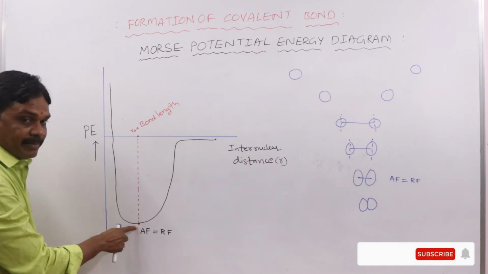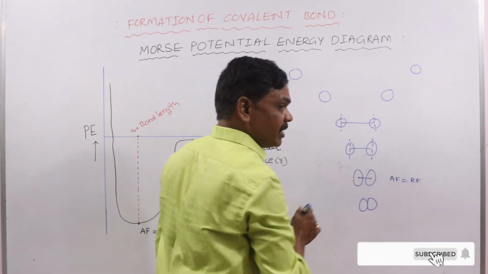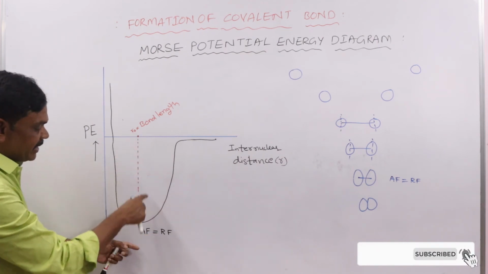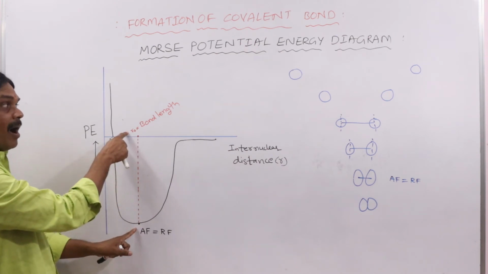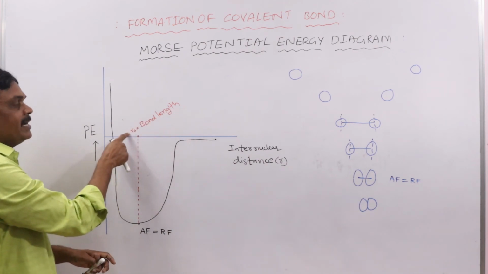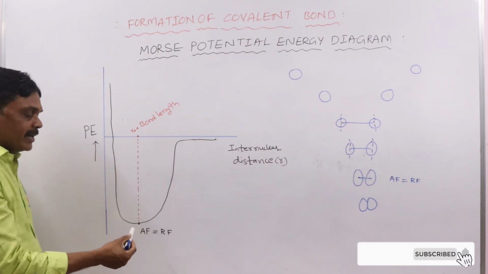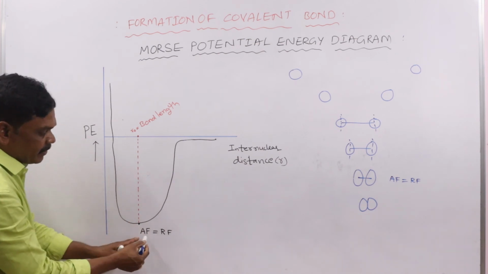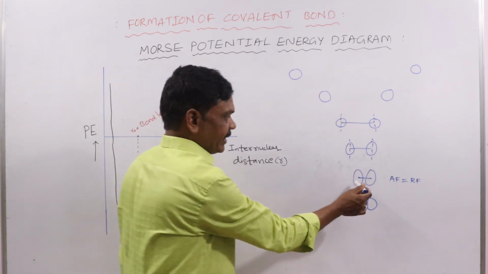That minimum point is known as the bond length, and it is denoted by R naught. It is also known as the equilibrium point. At the equilibrium point, attraction forces are equal to repulsive forces, and the bond is formed.